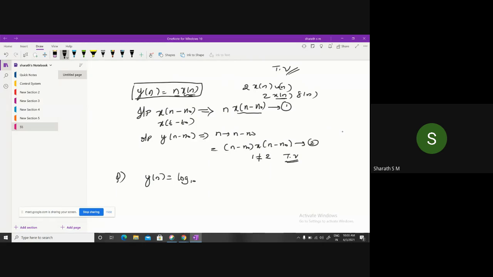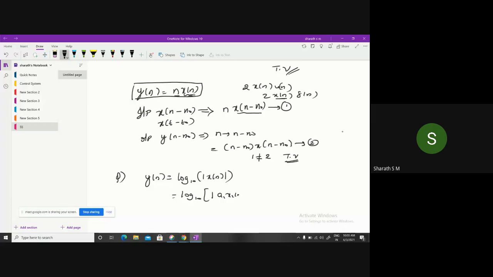y of n is equal to log of x of n. So what is the first step here? Wherever we have an x of n, we need to write down that whole term as a1 x1 of n plus a2 x2 of n.